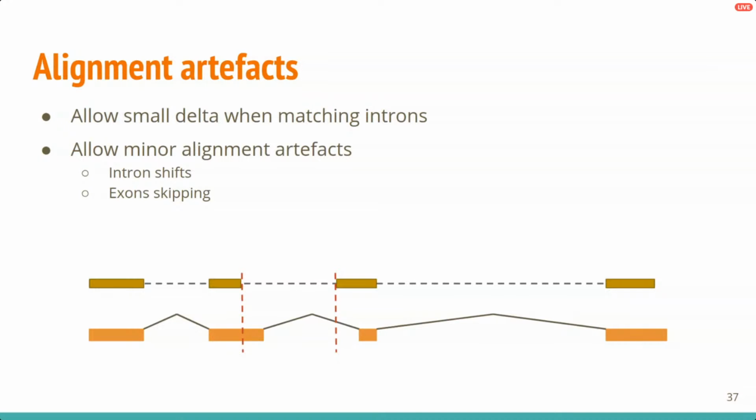So you don't have this match, even inexact. You can see, okay, yeah, we have matched introns number 1 and the last one, but the middle one is not matched. And we can see that the difference is small and then say, yeah, this read probably originated from this isoform, but there is an alignment artifact.